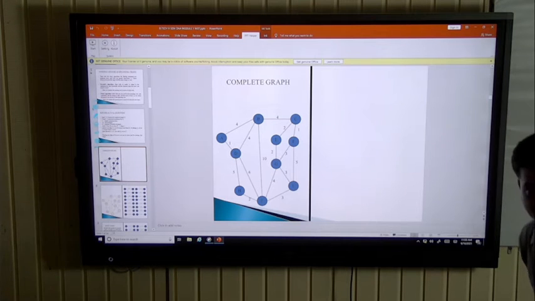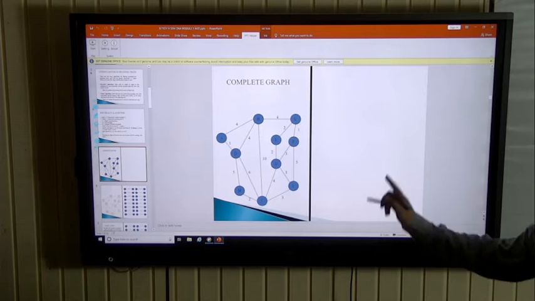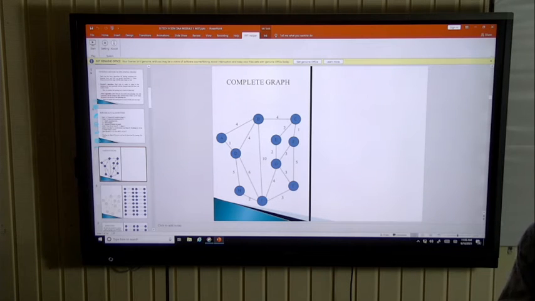Is this graph unconnected or connected? It is a connected undirected graph. We calculate the minimum spanning tree from this graph through the Kruskal method.